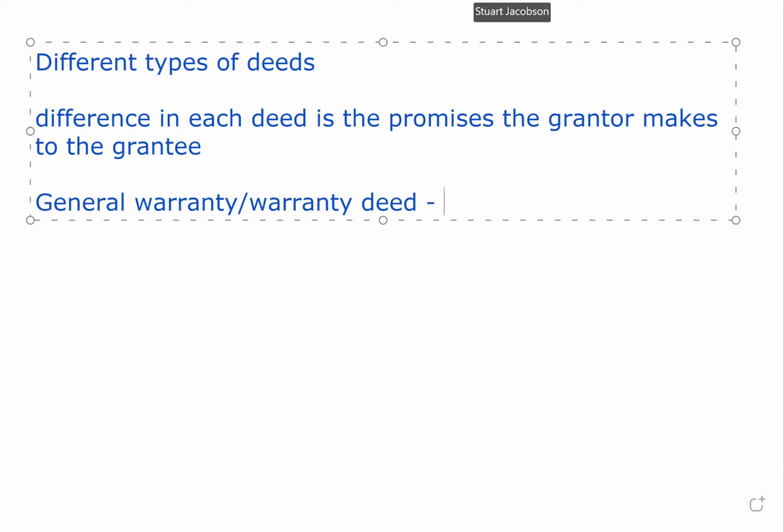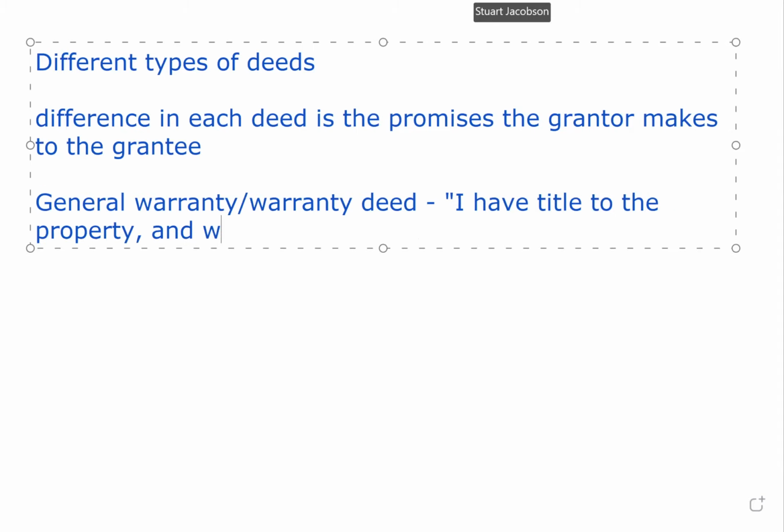I'm going to make simple, nice statements so that it's easier for you to understand, because you don't need a super complicated definition of this stuff. The grantor is saying, I have title to the property and I will defend it against any claims.